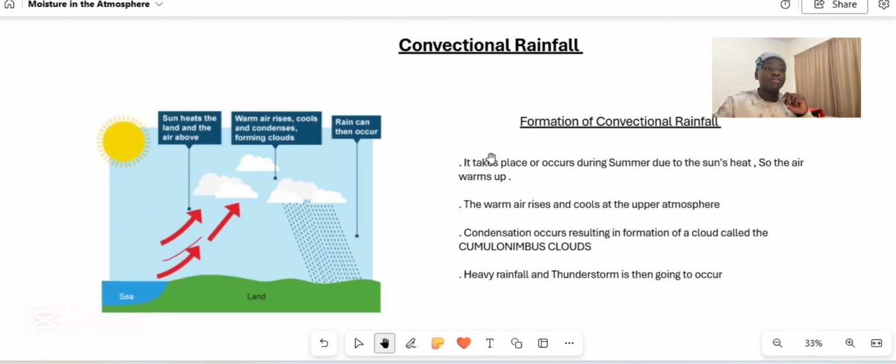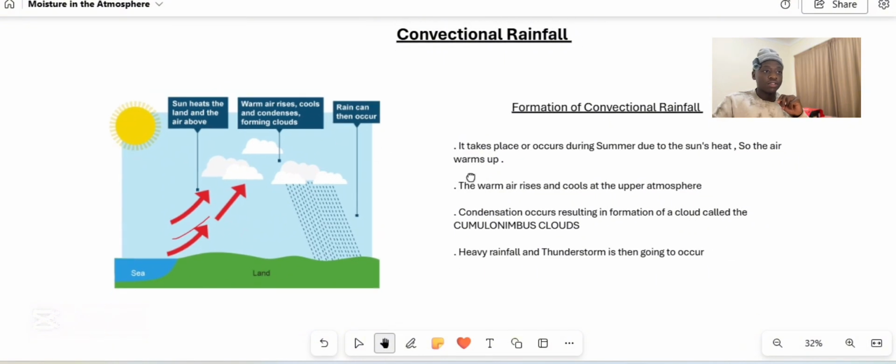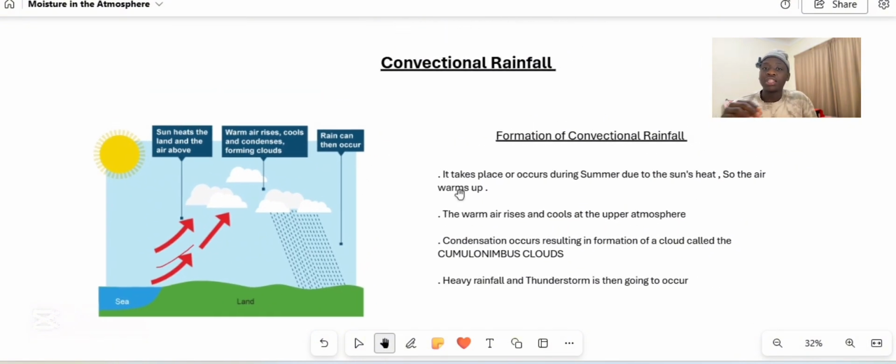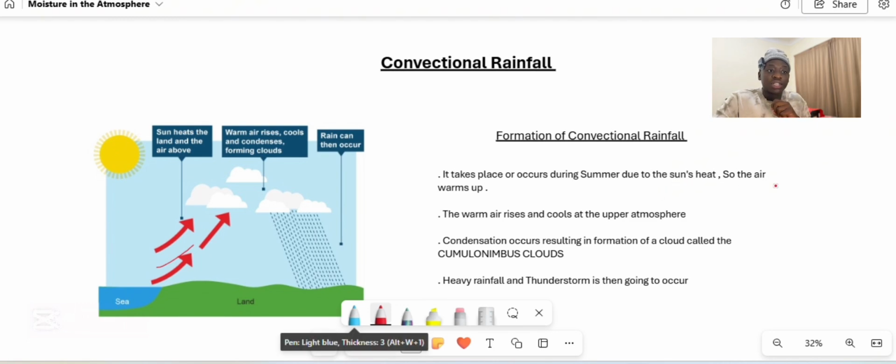Then we're going to the second rainfall, which is the convectional rainfall. Simply put, the convectional rainfall works in relation with the sun, so it works in relation with the heat. The formation of convectional rainfall occurs during summer due to the sun's heat.